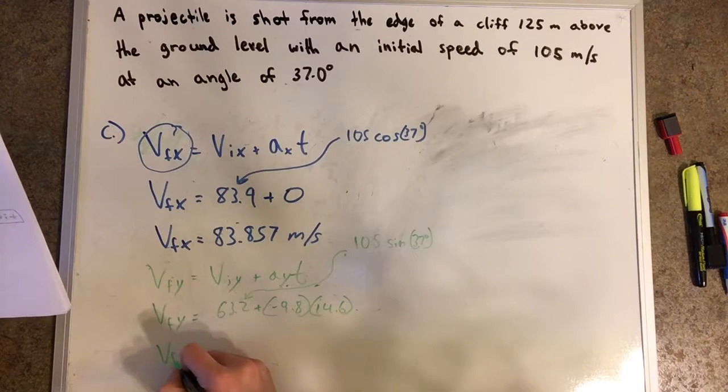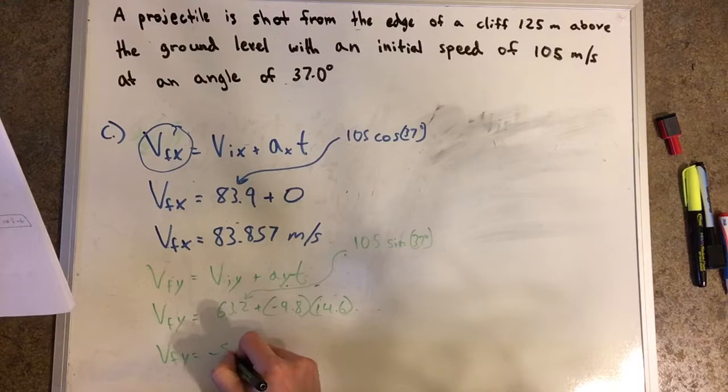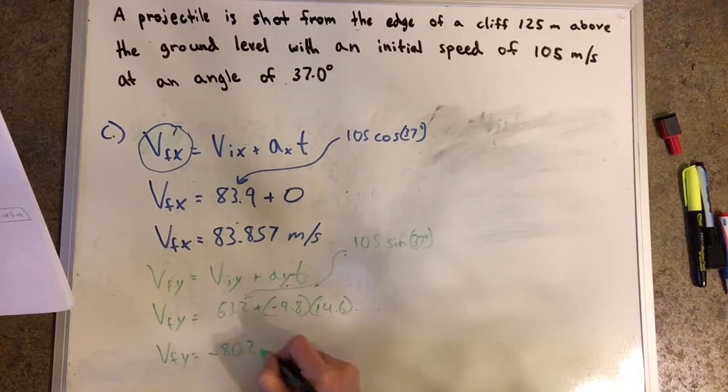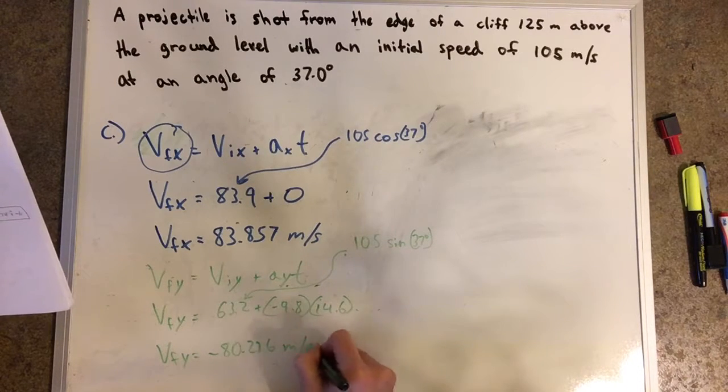Get the answer of Vfy equals negative 80.216 meters per second.